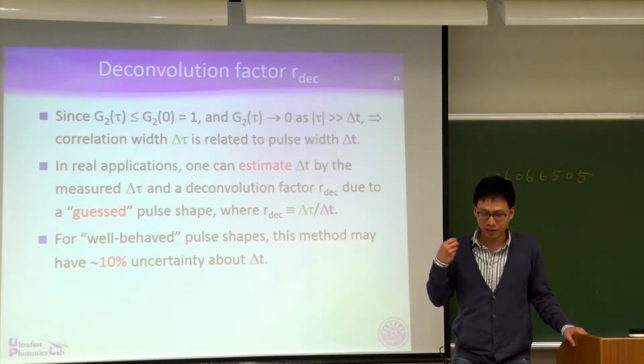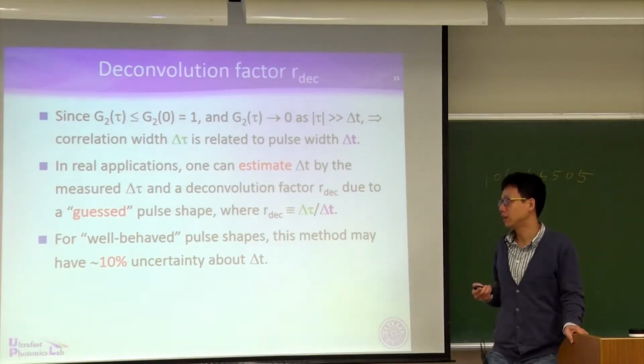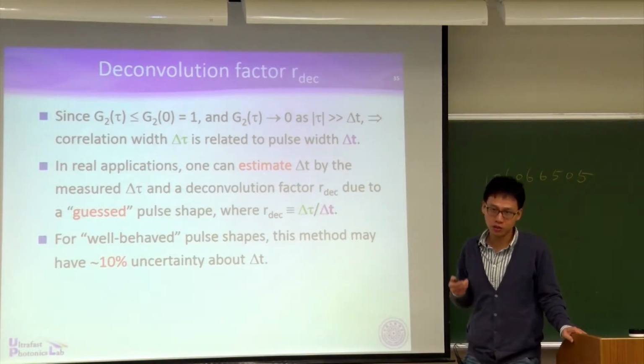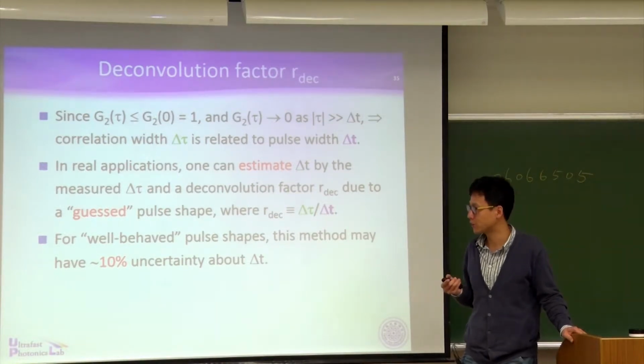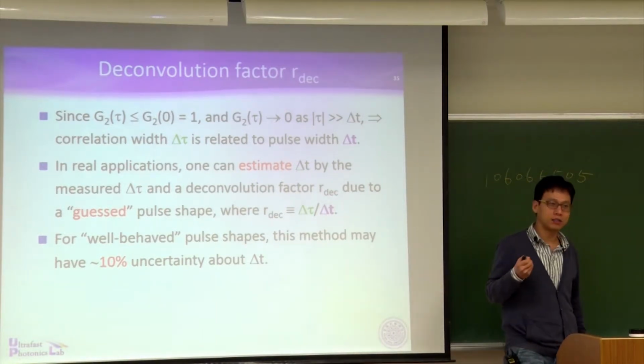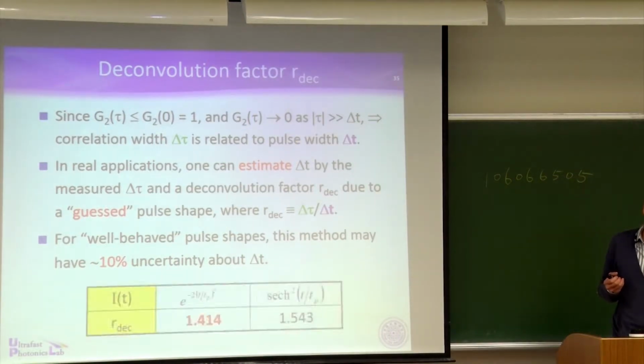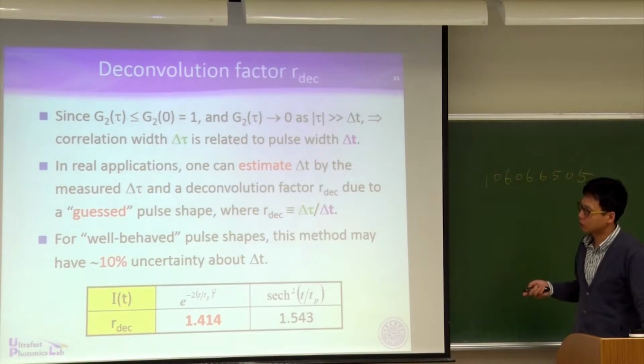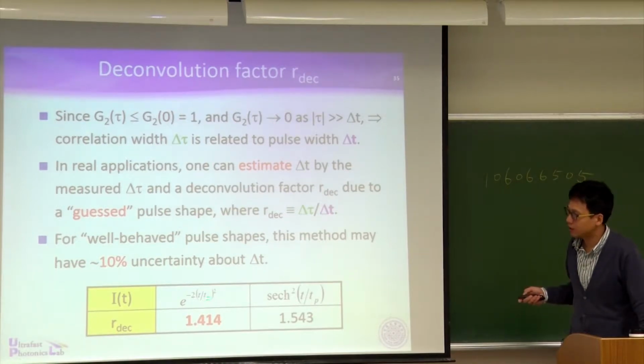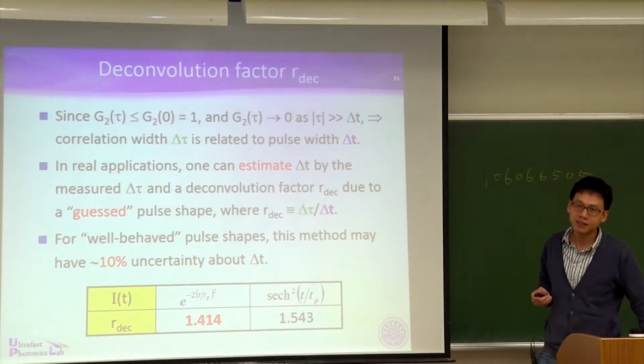Then after you get the intensity autocorrelation measurement, you have the G2 function, you have the correlation width. You can use the two deconvolution factors to estimate the pulse durations. So I show you the two numbers, 1.414 and 1.543, if the shape is either Gaussian or hyperbolic secant.